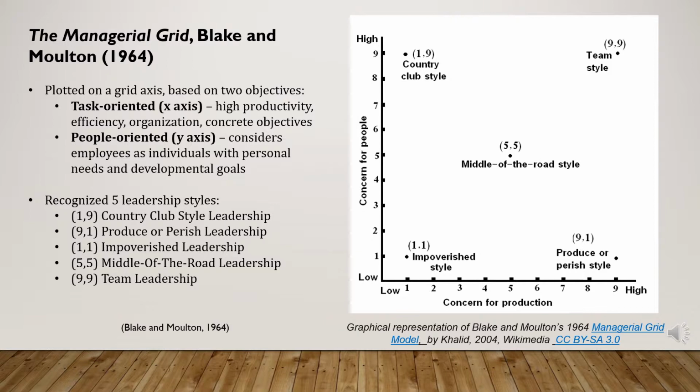This would be more in line with a leader who worked in a factory, for example. For leaders that were high in productivity and highly concerned with people, those would be team leaders.